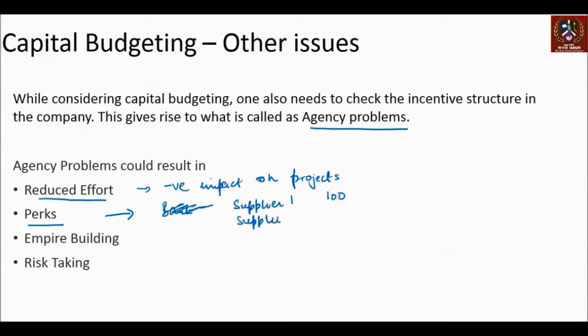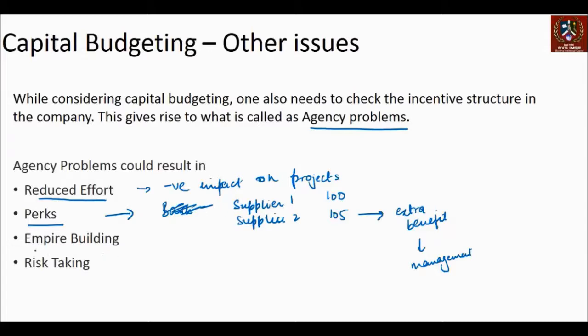Supplier two is quoting 105 rupees. Ideally, we should go with supplier one. But what happens if supplier two gives some perks or extra benefits, not to the firm, but to the management? Then there is an issue, because the management might get things like extra tickets to the World Cup cricket matches, and for that reason decide to go ahead with supplier two instead of supplier one.